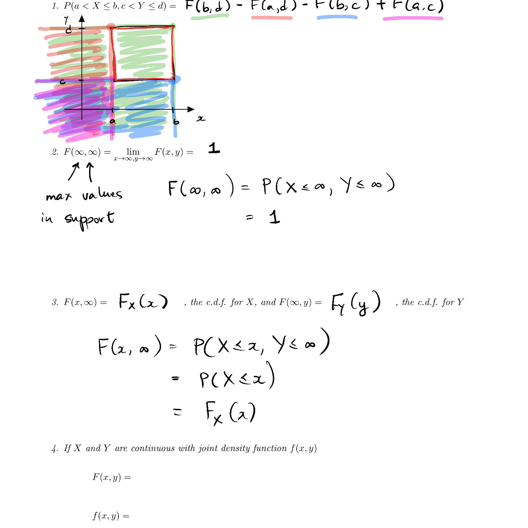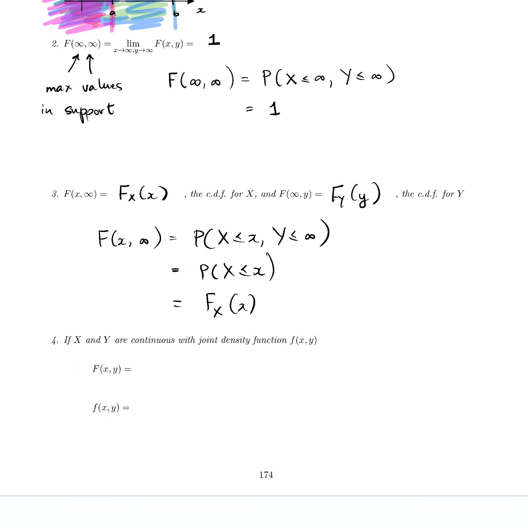The exact same explanation works for the CDF for Y. And the last property: if X and Y are continuous, everything above worked for discrete or continuous, but now we're looking at just the continuous case with joint density function small f of xy. Then the joint CDF can be found by integrating from minus infinity to x, from minus infinity to y, which means we need some dummy variables in our integral. So f of uv, and the order that I've written it is dv du.